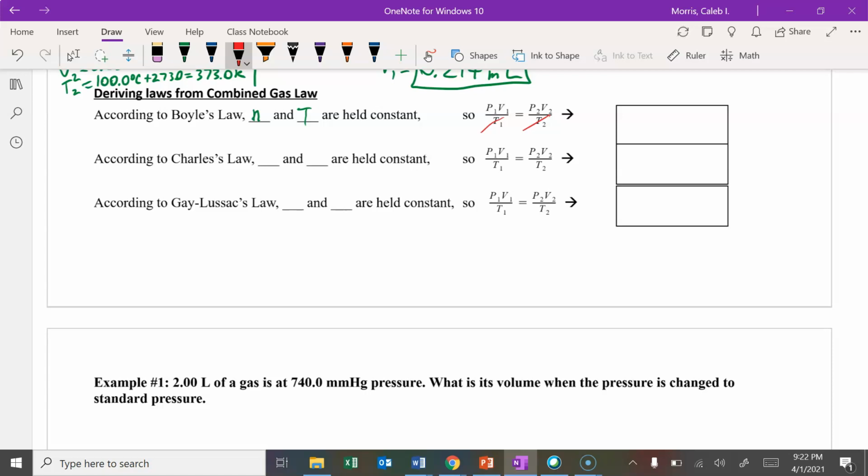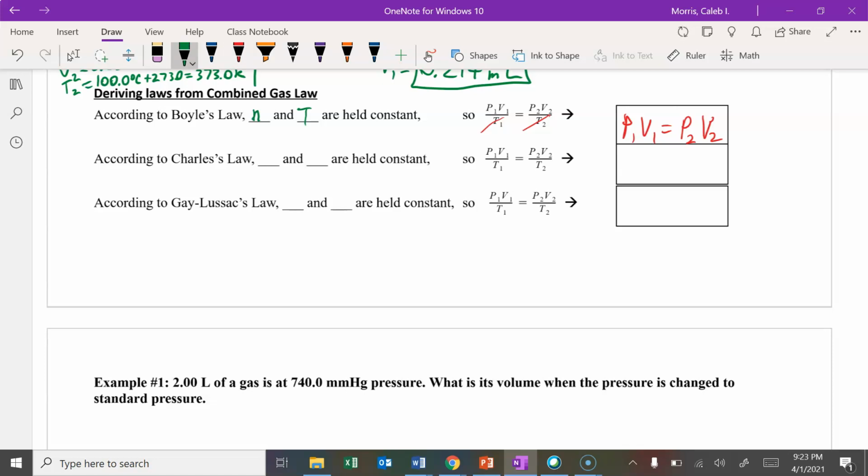I'm just crossing out whatever doesn't change. The only thing that I'll include in my law is what's changing. P1 and V1 change to P2 and V2. So if the only things that are changing are pressure and volume, it's P1 V1 equals P2 V2.